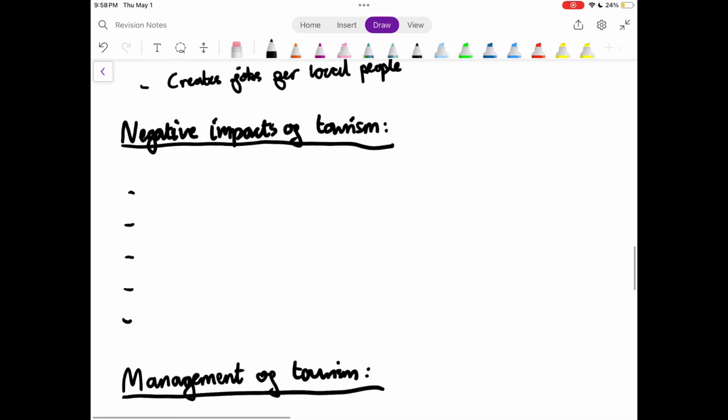However, although there's positives, there's also negative impacts of tourism. So one negative impact is that tourist behavior may be offensive.